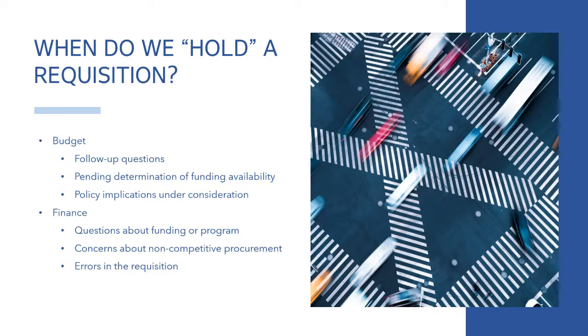Over to you, Julia. Thanks, Joan. So in terms of the OPM Finance Office, I think I touched on some of these in my previous slides, but one thing that would cause us to hold a requisition is if we have questions about the funding or the program.